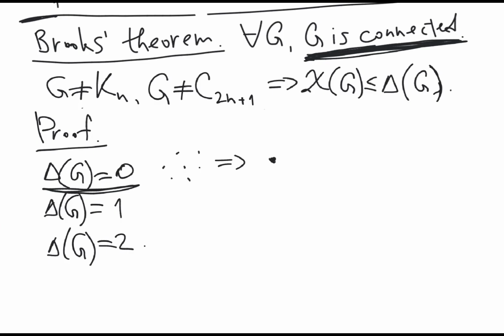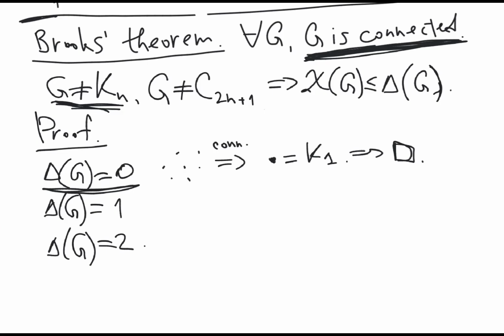This is from the connectedness of the graph. For a single vertex, which is also K1, Kn is an exception. Because of this condition, we are done for this case.